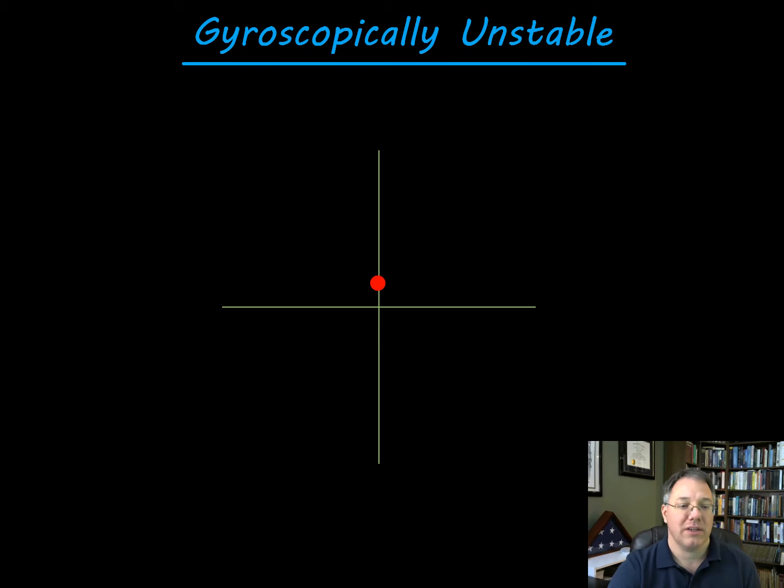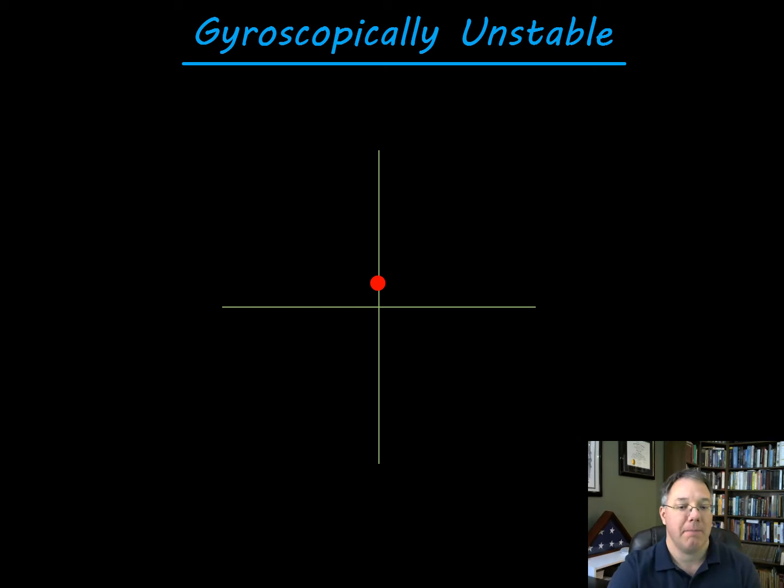All right, so let's talk about gyroscopically unstable. Let's say I've got a gyroscopically unstable projectile. It's flying downrange. We are looking from the tail end, looking downrange, is what this crosshair is. And that little red dot is where our nose is pointed right now in time, and how it is going to move.